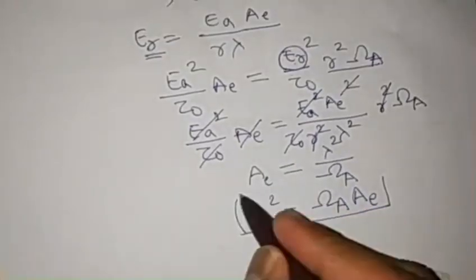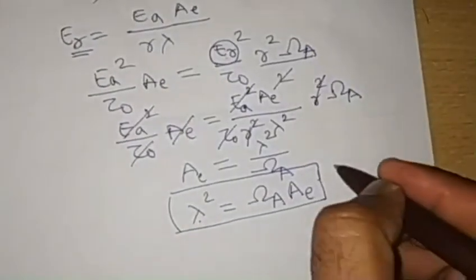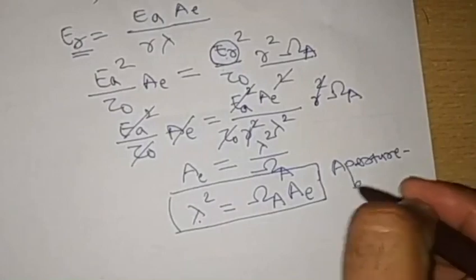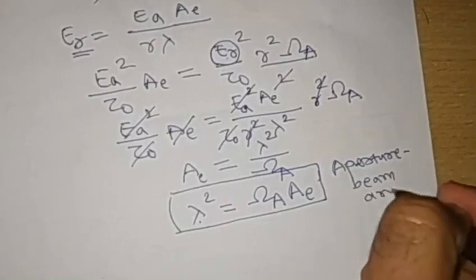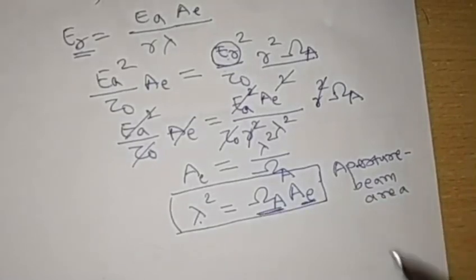So this is actually an equation for lambda square, which is called as aperture beam area, because it is product of aperture and beam area.